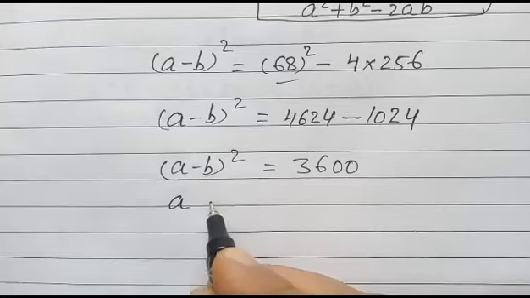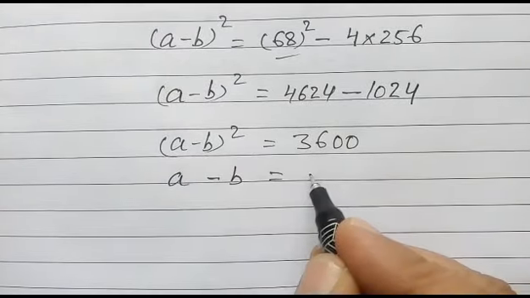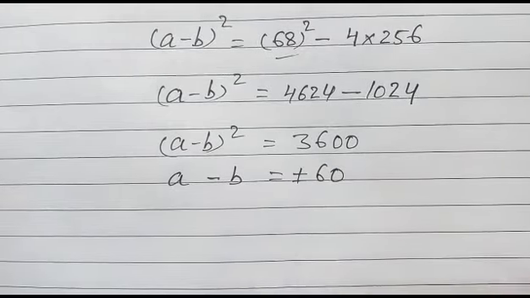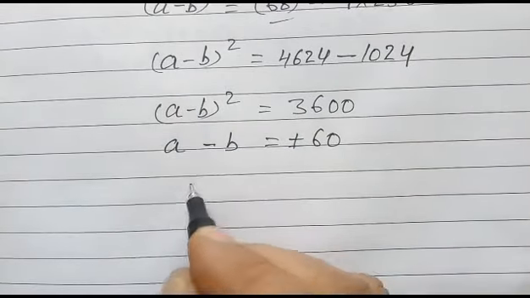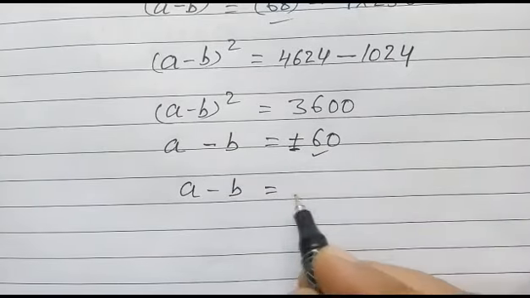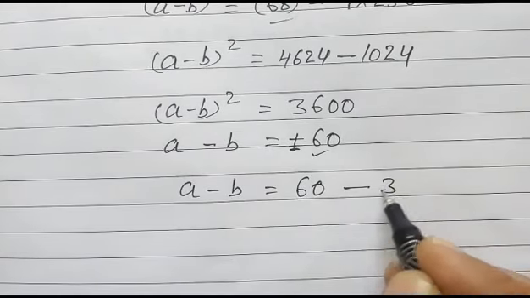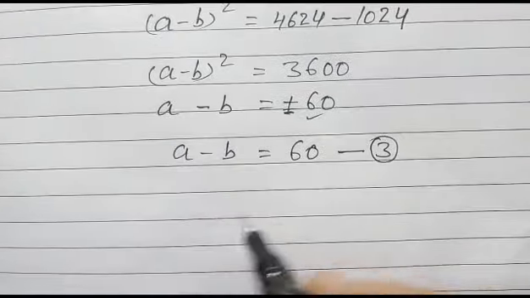So a minus b is equal to plus minus 60, right? If we take a minus b is equal to plus 60, right? We say this is equation number third, right?